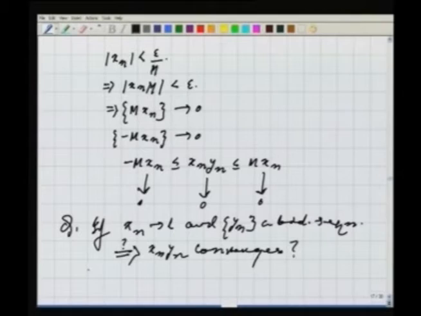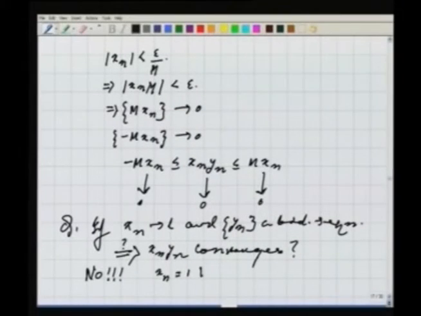Well, the answer is no. 0 is very special and we have actually seen the answer. Let us take x n equal to 1 for all n, that is the constant sequence 1. This implies x n converges to 1, so it is the case L equals 1.